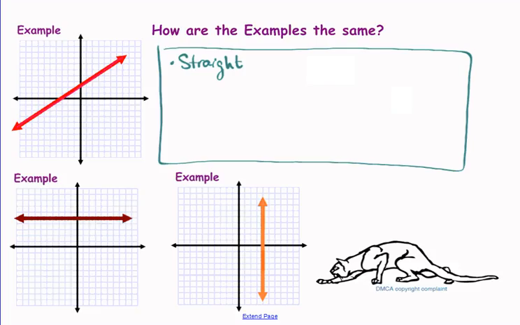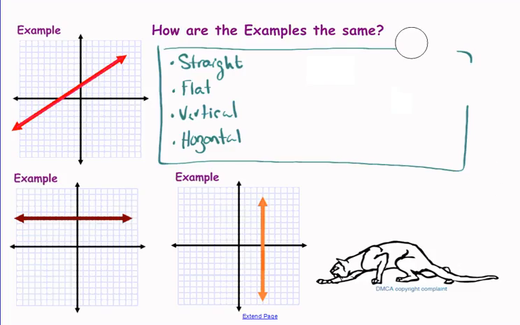There is not a single curve. What I also want you to notice is that they can be flat, they can be vertical, they can be horizontal, all right? And all of those things they can be.